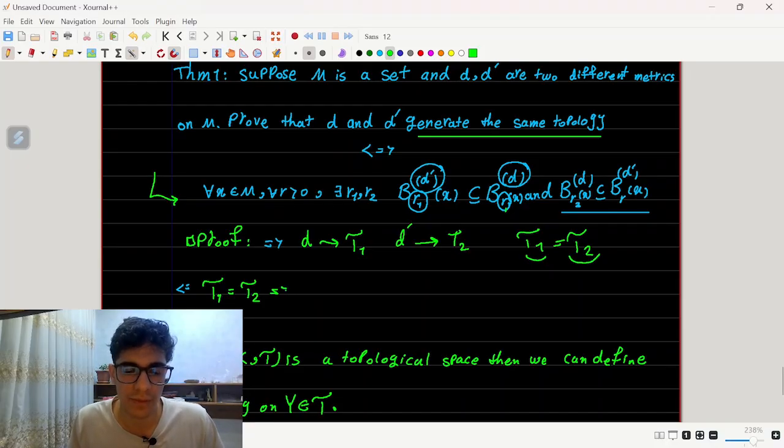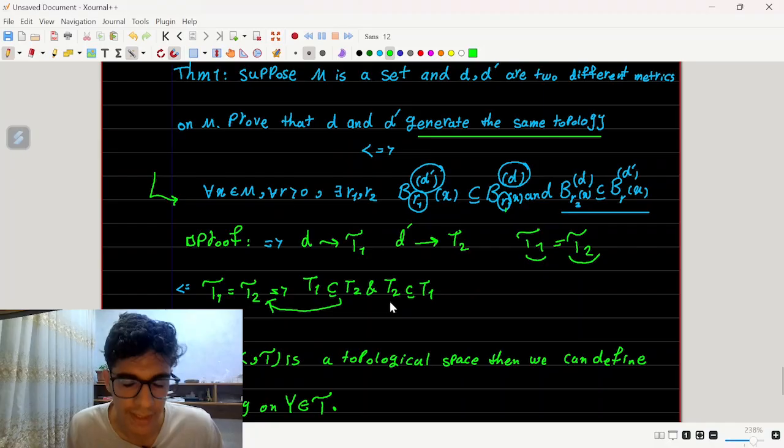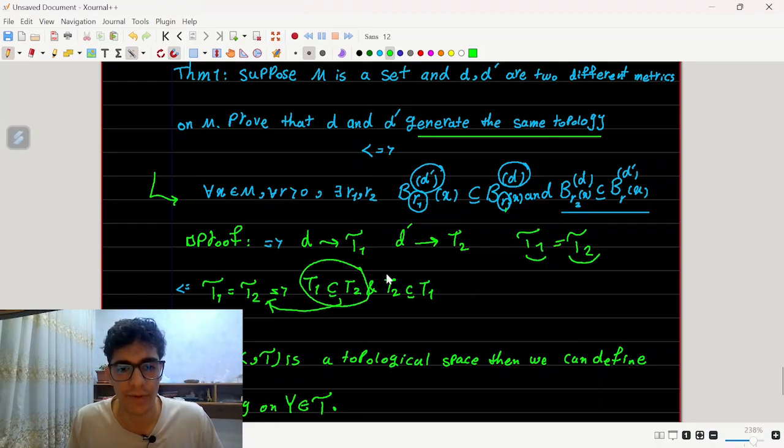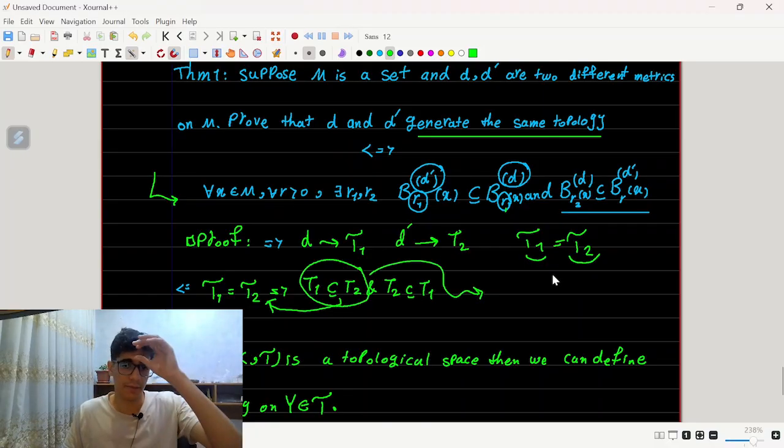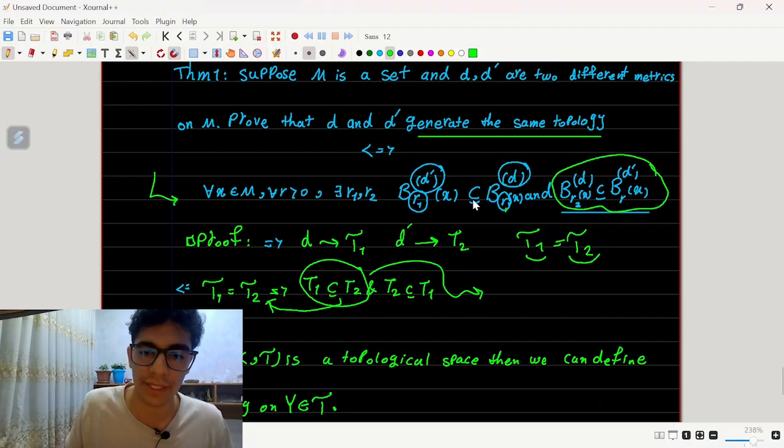For doing such a thing, I say T1 is a subset of T2 and T2 is a subset of T1, and this concludes the equality. So for this part right here, I want to say that T1 is a subset of T2. What I'm going to do here is use my assumption right here. Actually, we have to use this one. There is a difference right here, and you need to pay attention to this.